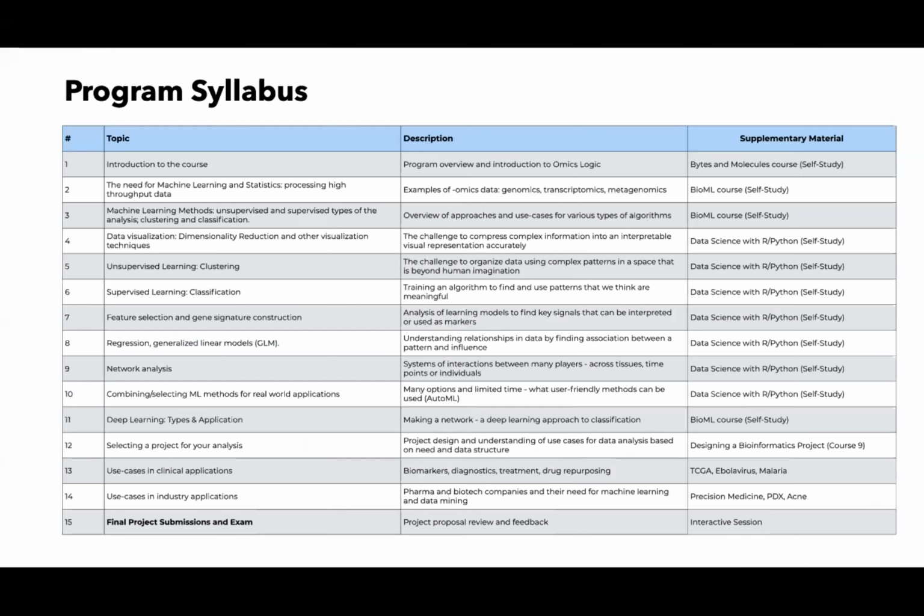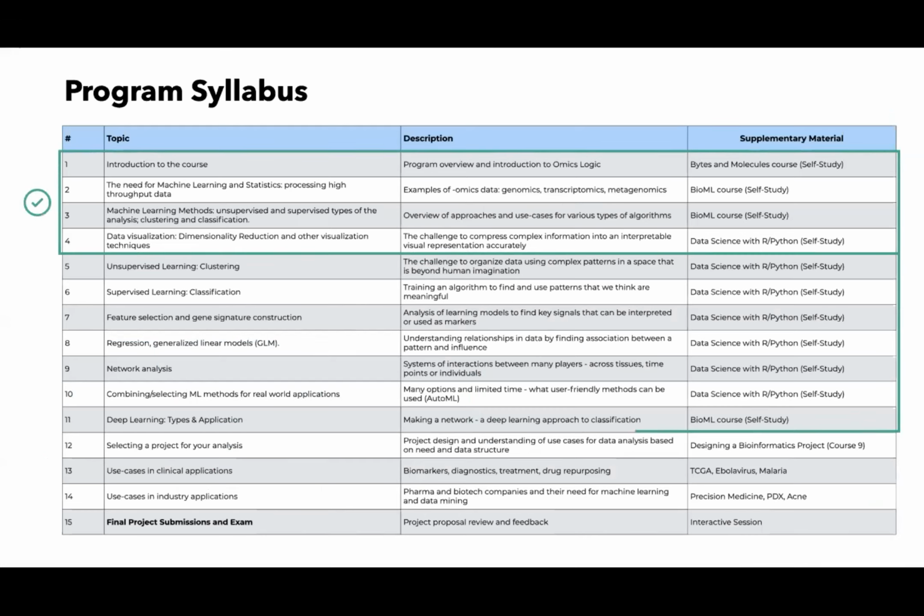To summarize, the program is going to be separated into three different parts. The first part will give you some introductory materials so that you understand the terminology and key concepts that you will need to be successful in this module. The second part will focus on different methods and an in-depth understanding of the methods, parameters and settings, and the logic behind those methods.